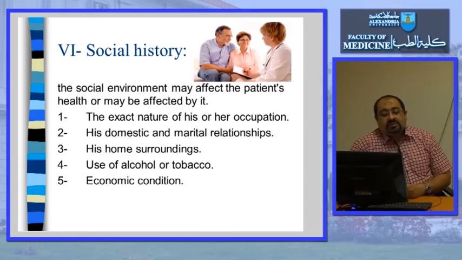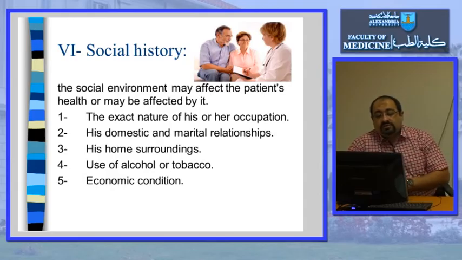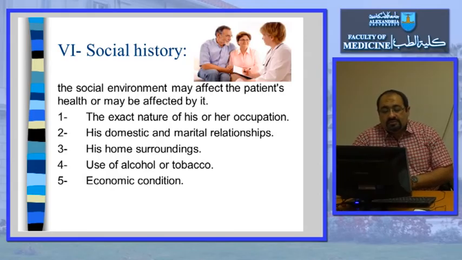Social history is important to be discussed with the patient. After gaining the patient's confidence through the previous discussion, you can go into a deeper, maybe more private part of the history about the social condition of the patient, the exact nature of his or her occupation.